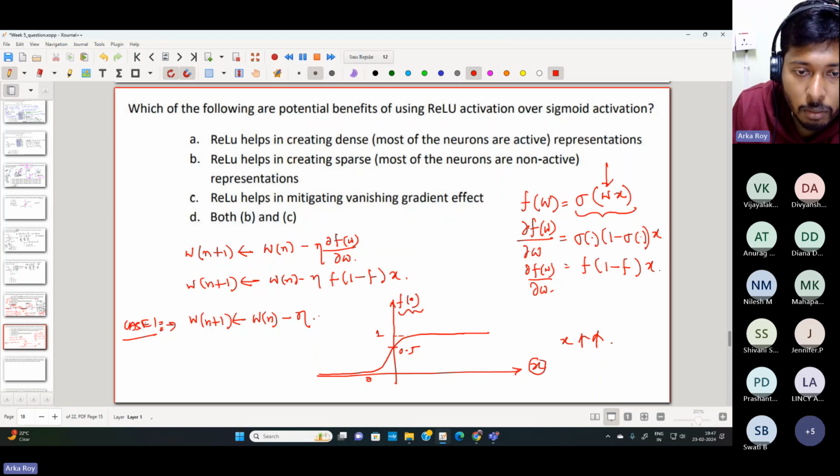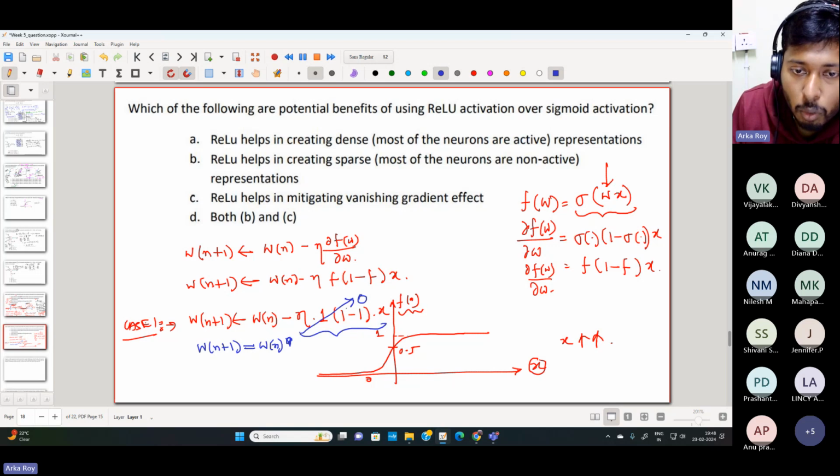So let us consider the value is almost equal to 1. So 1 into 1 minus 1 into x. You can see that 1 minus 1 is 0, so this whole multiplication will vanish. Your equation will be w(n+1) equals w(n). As the gradient vanishes, this is what gradient vanishing means.